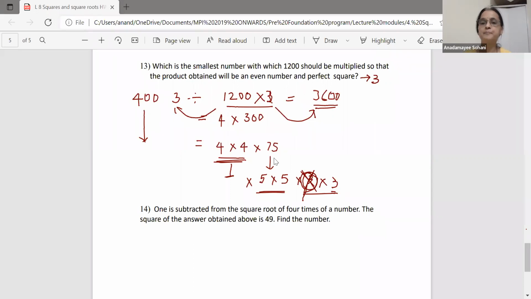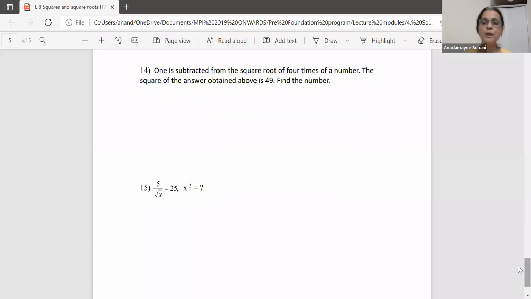Next question. 1 is subtracted from the square root of 4 times a number. The square of the answer obtained above is 49. Okay, so let my number be x. I want 4 times the number, that will be 4x.